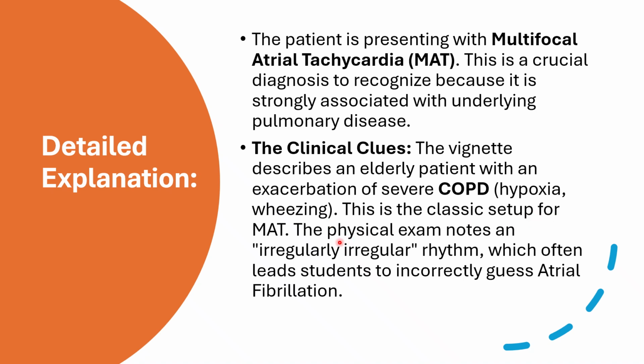The physical examination noted the patient had an irregular rhythm, and you would know that this is very commonly associated with atrial fibrillation, and that could lead students to pick the incorrect answer of atrial fibrillation. But if you looked at the EKG in the vignette, it's not fibrillatory waves you're seeing. There were P waves. So once there are P waves on the EKG, it's not atrial fibrillation.